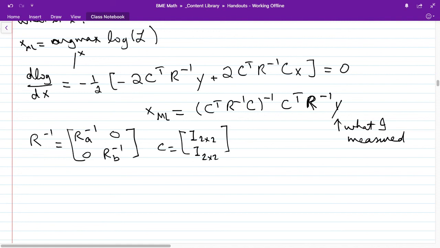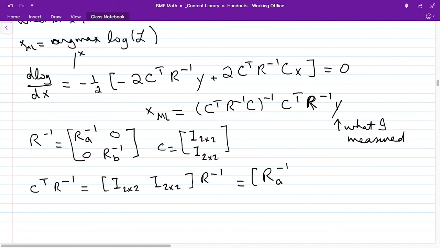So when we say C transpose R minus 1, what is that? That's just the identity matrix, 2 by 2, times R minus 1, which is equal to a vector, R_A minus 1, R_B minus 1.